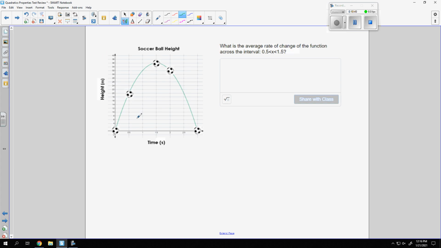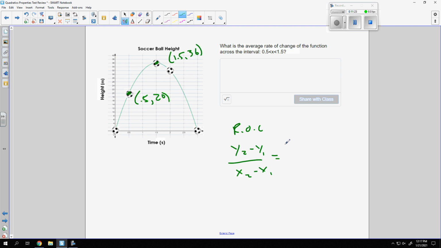And so interpreting graphs again, what is the average rate of change of a function? Right, we talked about average rate of change, y2 minus y1 over x2 minus x1. I just got to find these 2 points. The x value. Right, so when x was 0.5, the y value was 20. When the x value is 1.5, the y value is 36.